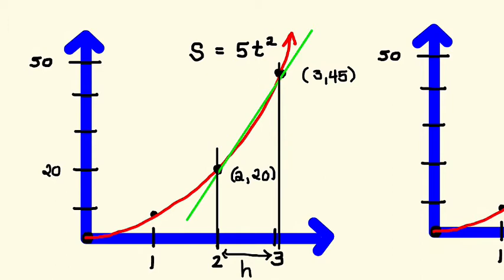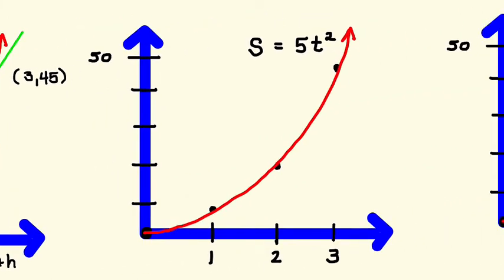Okay. So what I want to do is make h get smaller. So instead of going from 2 to 3, I'm going to go from 2 to 2 plus h. We know this is 3, but let's say it's 2 plus h. And if I let h get really, really tiny, that line is going to slowly approach a tangent line. Let's take a look at our next curve, and let h get smaller here.